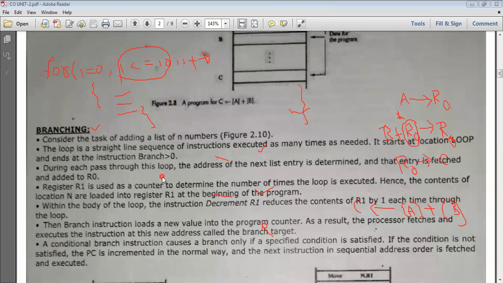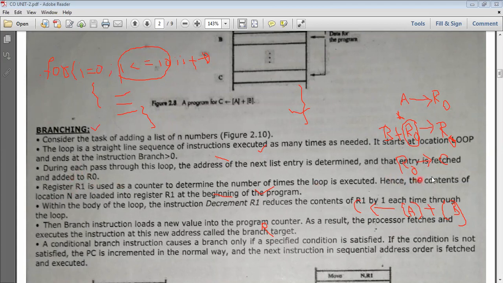Which operation is done in the factorial? Multiplication, that is 10 into 9 into 8 and so on. So 10 times, so the counter is taken as 10. Depending on our requirement, that count will be stored in the R1 register. This count may be incremented or decremented depending on the operation required.